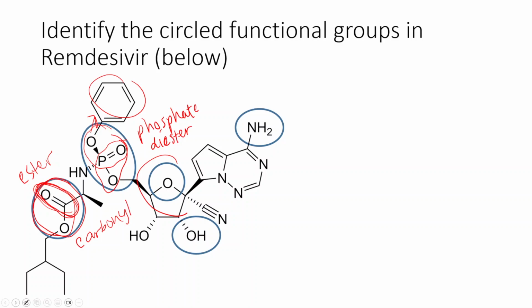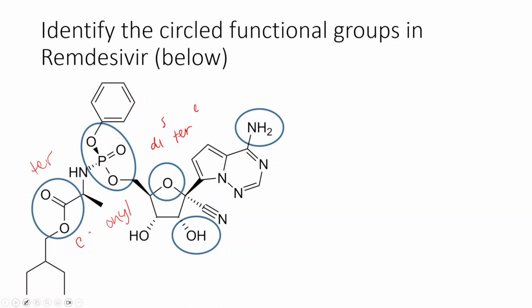Okay, so can anybody tell me, just erasing this so it's a little less messy, what this functional group is called? Ether, great. And how about this one on the bottom? Hydroxyl, excellent.